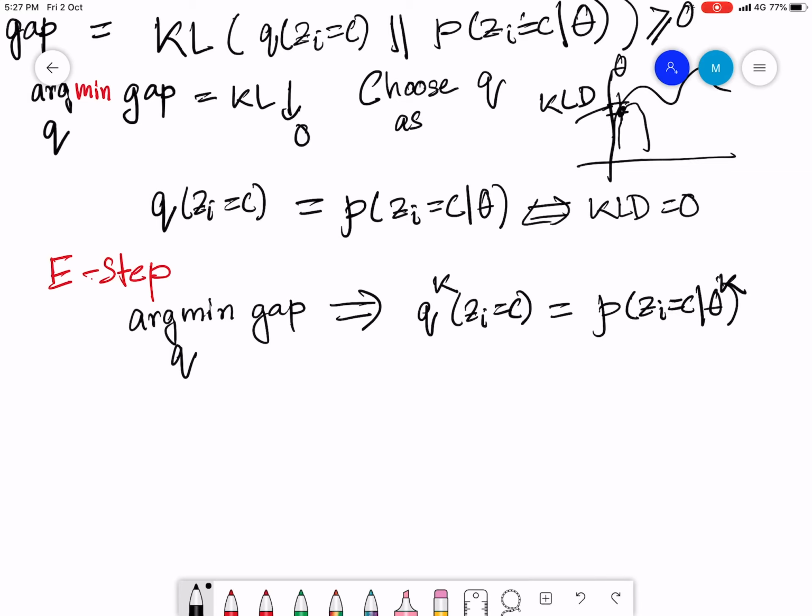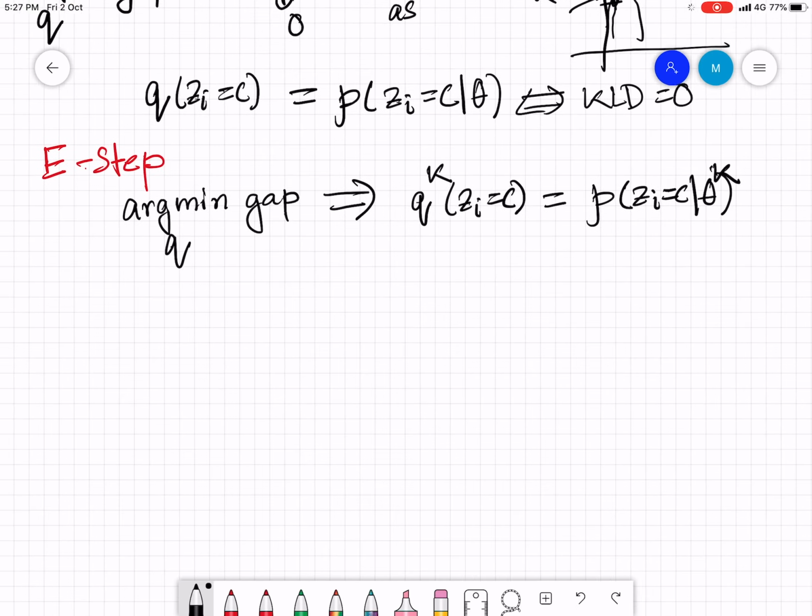Assuming some mean and variance of the Gaussian components and some mixture weights, you can easily find P(zi = c given theta). The latent variable here is the class membership. Your variational distribution is nothing but this latent variable distribution at a particular choice of mu, sigma and pi, the theta k values. So this is your E step where you get your Q.